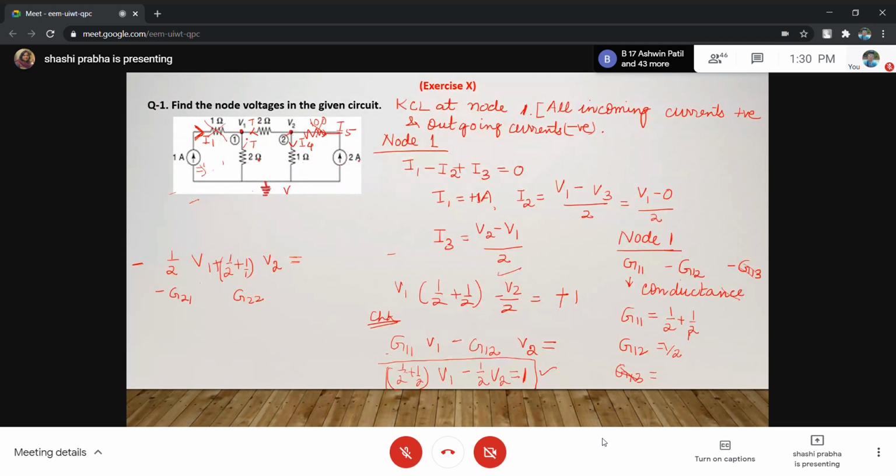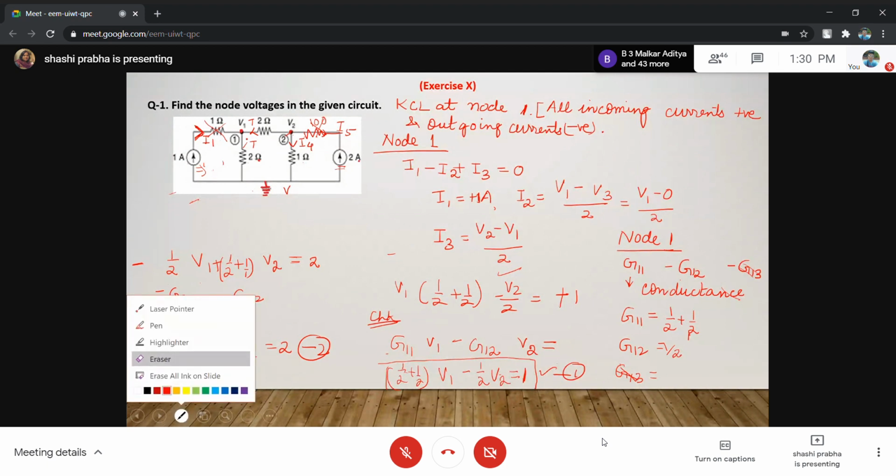Which is the known source? 2 ampere. Incoming, so it is plus 2. So what is the second equation? Minus 1 upon 2 V1 plus 3 upon 2 V2 is equal to 2. This is equation 1 and this is equation 2. You can simplify for V1 and V2. And this is called KCL.